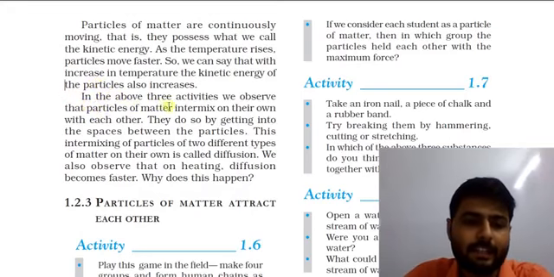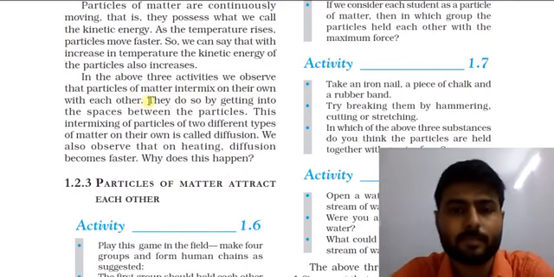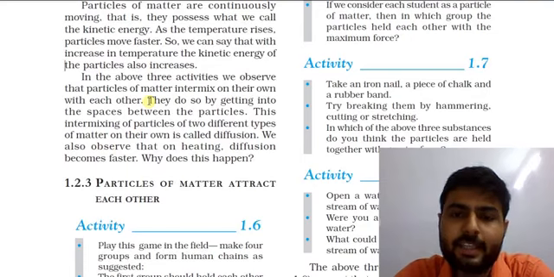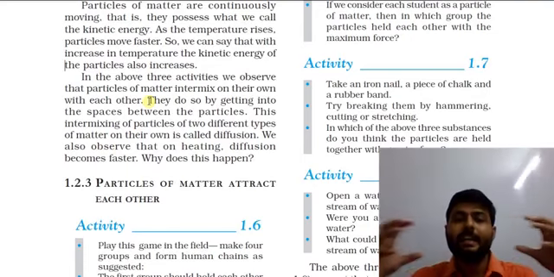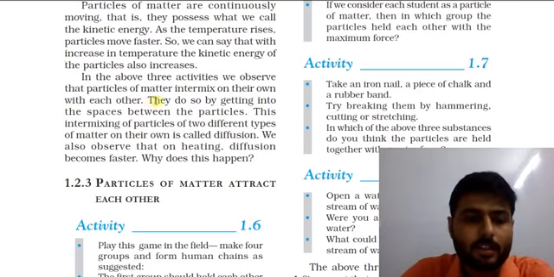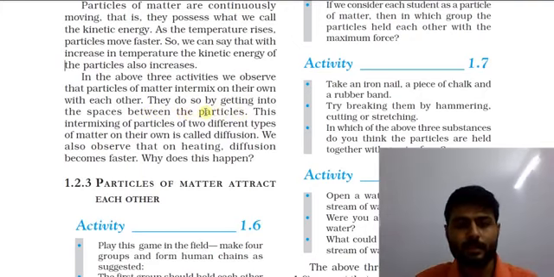In the above three activities, we observe that the particles of matter intermix on their own with each other. They do so by getting into the spaces between the particles. How do they intermix?